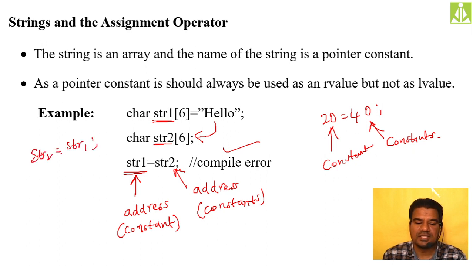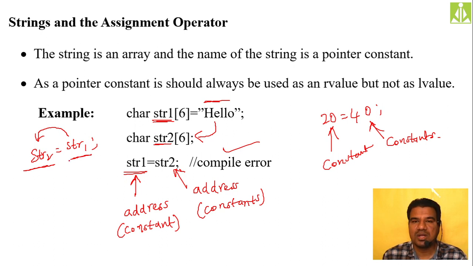So by writing like this, what we are expecting is whatever content I stored in this str1, that is hello, I want in str2, from here to here, I'm expecting that, but it will not come. The reason is because both the things, str1 as well as str2, represent constants. They represent the first memory location's address.